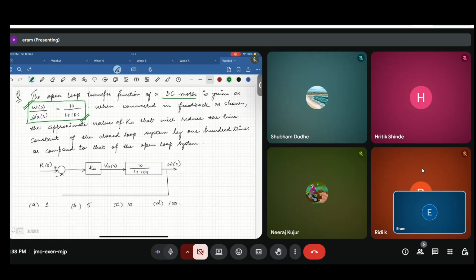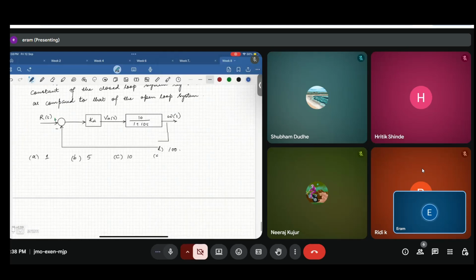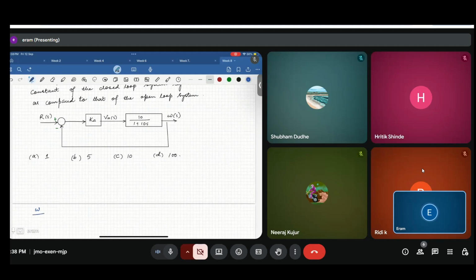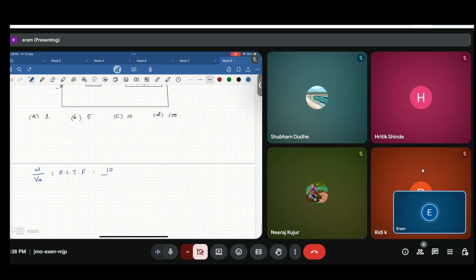Okay, are you able to solve it? So let's see. We are given omega by Va, that is the open loop transfer function, and it is given as 10 divided by 1 plus 10s.